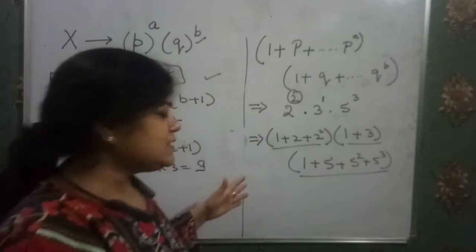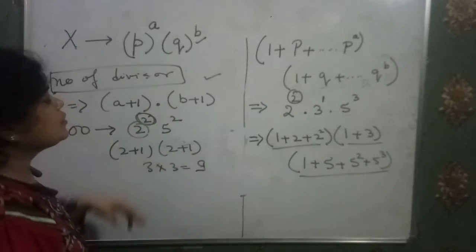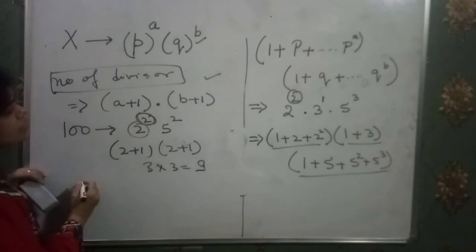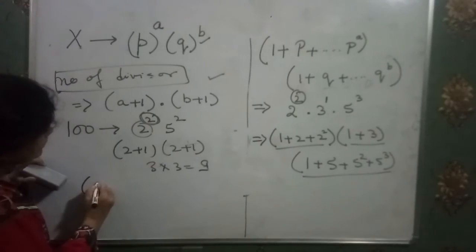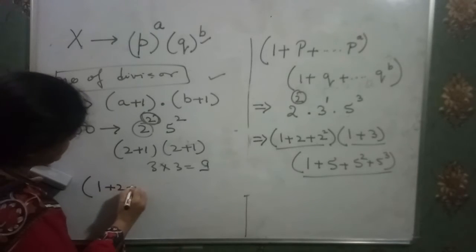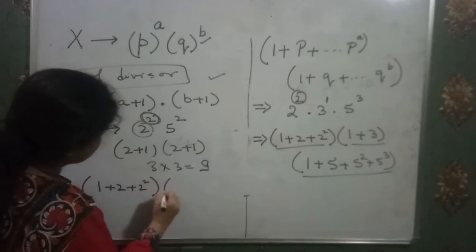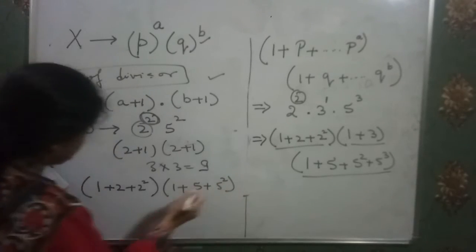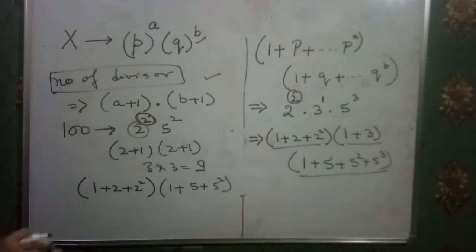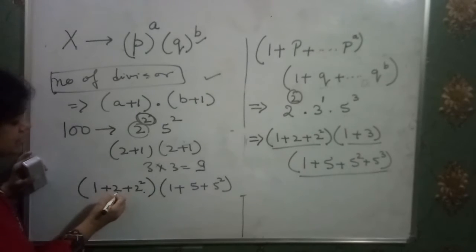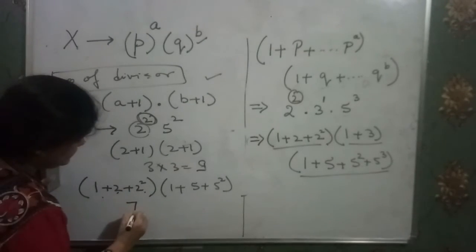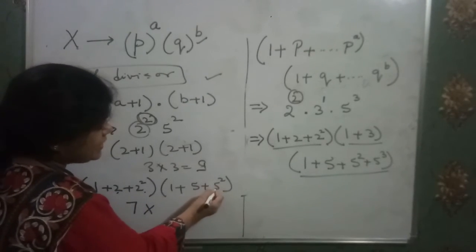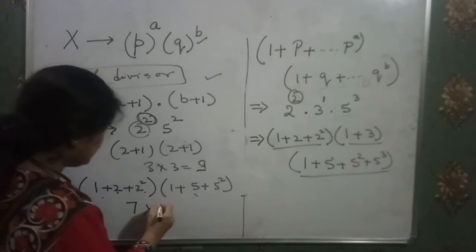Now I am solving this for 100, that is 2 to the power 2, 5 to the power 2. So we have in this case 1 plus 2 plus 2 square into 1 plus 5 plus 5 square. Now solve it. This is sum of divisors. So we have 7 into, this is 1 plus 5 plus 25, that is 31.